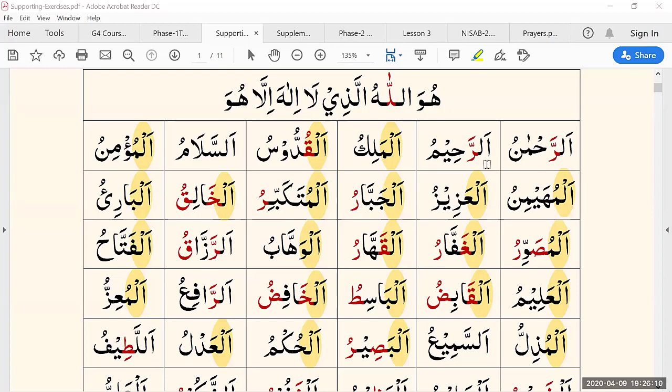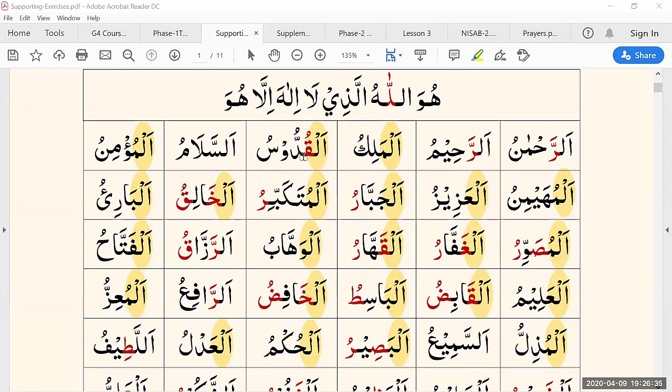Ar-Rahimu. Al-Maliku. Al-Quddusu. So the letter qaf, do you know what it is called?